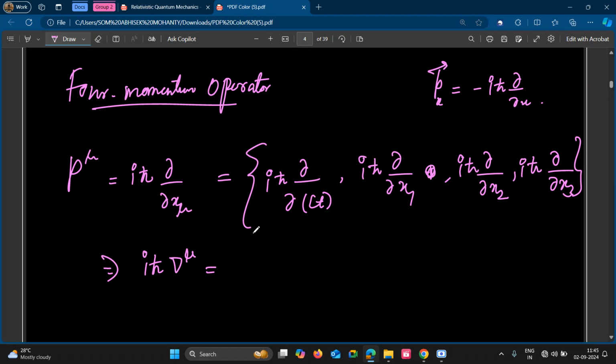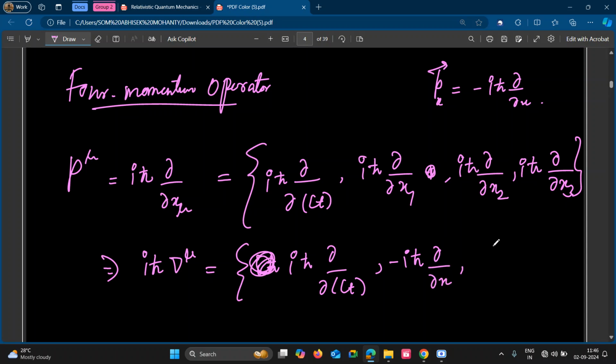So this one will become i h cut del by del c t, minus i h cut del by del x.